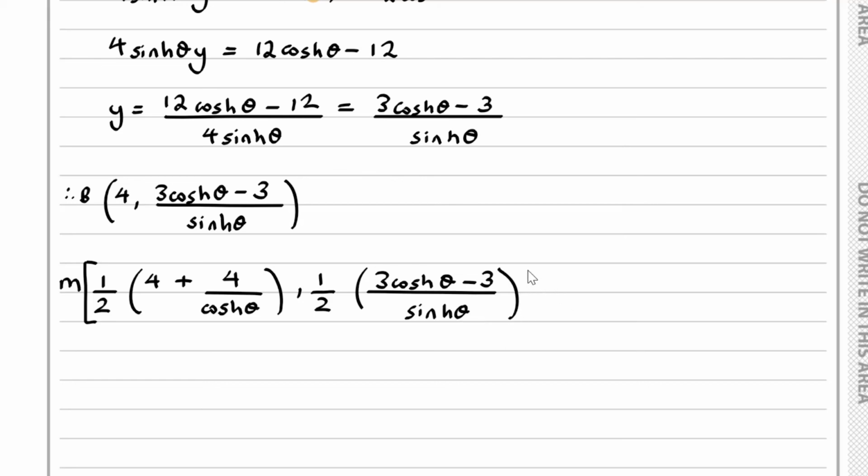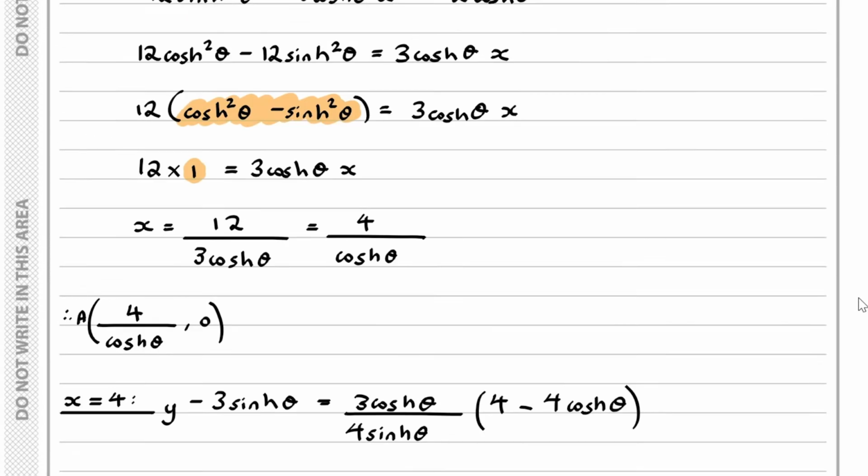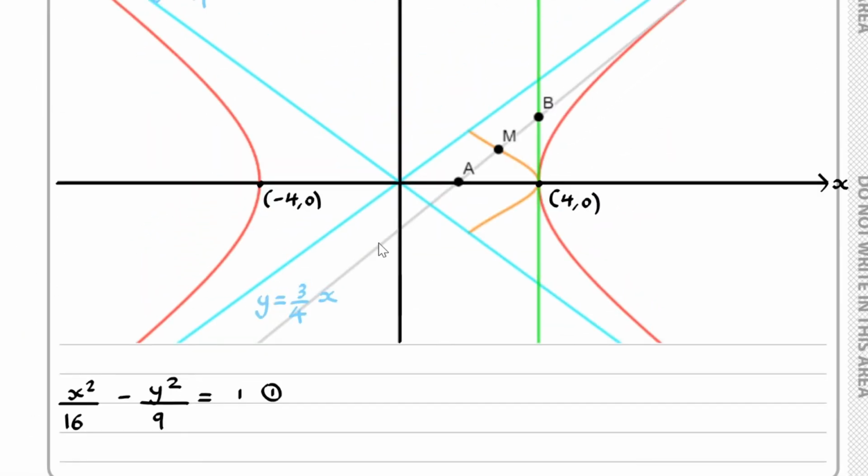Okay, so here we have the coordinates of M, and if we simplify this, M would have coordinates 2 plus 2 over cos theta in the x direction, and in the y direction we have 3 cos theta minus 3 over 2 sine theta.